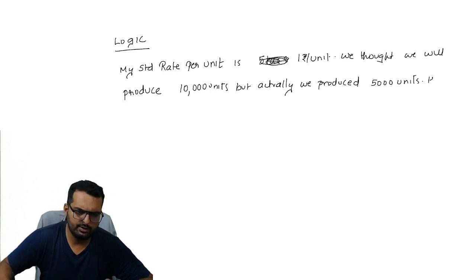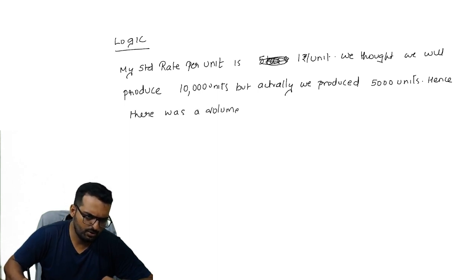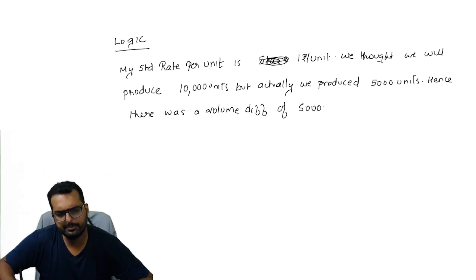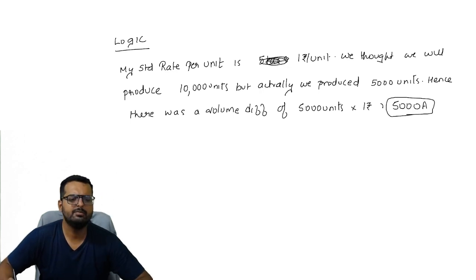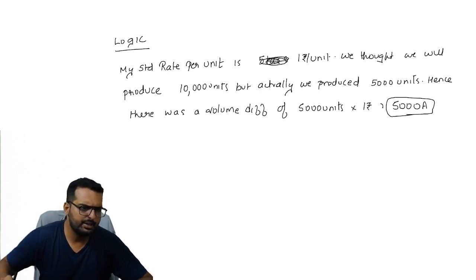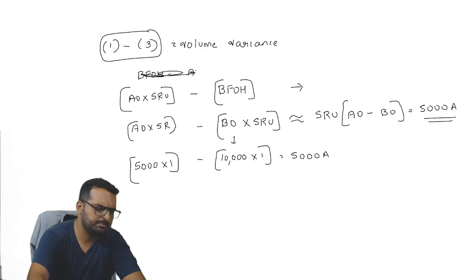We produced 5,000 and hence there was a volume difference of 5,000 units into 1 rupee, which is equal to 5,000 adverse. Everybody clear? Can you write down this in your books now?